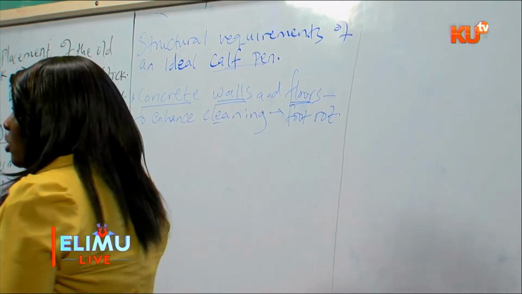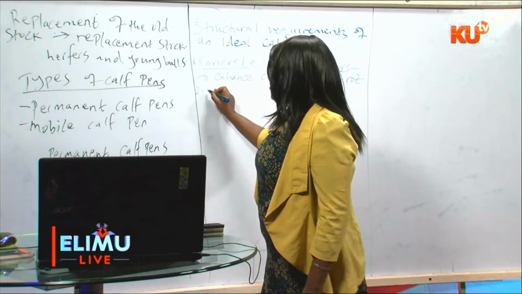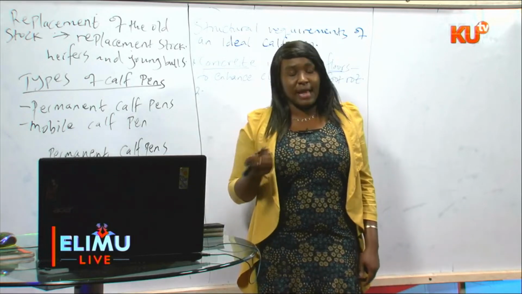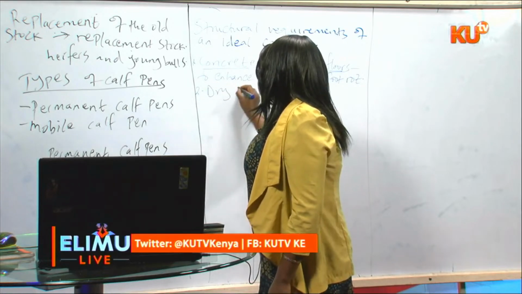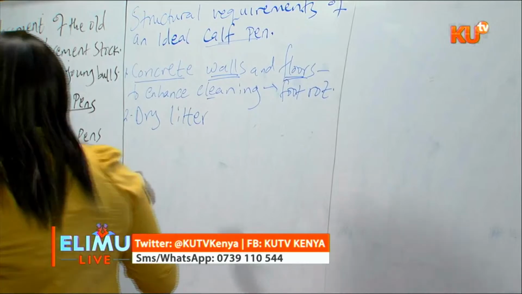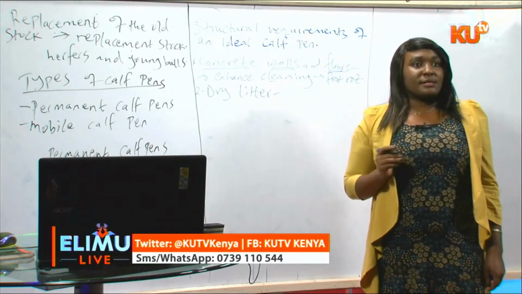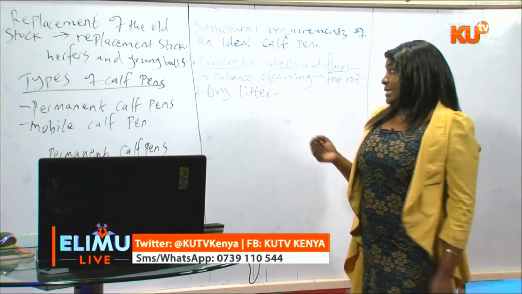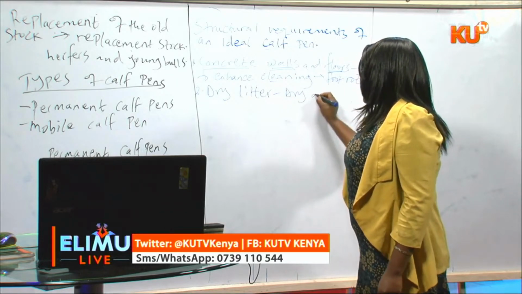Number 2 requirement of an ideal calf pen is that you should ensure that this calf pen is dry. And how do you ensure that it is dry all the time? Place dry litter on the floors. Why do we place dry litter on the floors of our calf pens? This ensures that the calf pen is dry and warm.